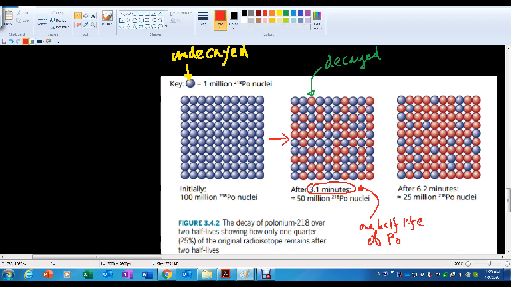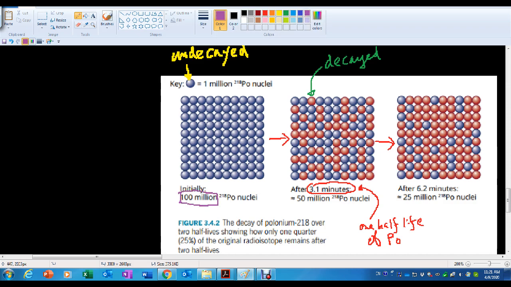And how about after another half-life? After another half-life, you see there are more red against the blue. That means more blues become red. But how many of them? If you count the number of nuclides, as one circle represents 1 million, in the beginning there are 1 million.